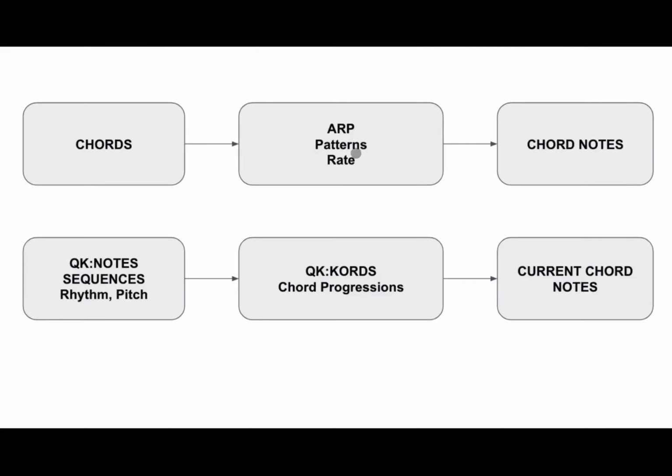So the rate and the pattern information comes from the note sequence here, and based on these notes, chords interprets which note of the chord or notes of the chord it sends out to our instruments.